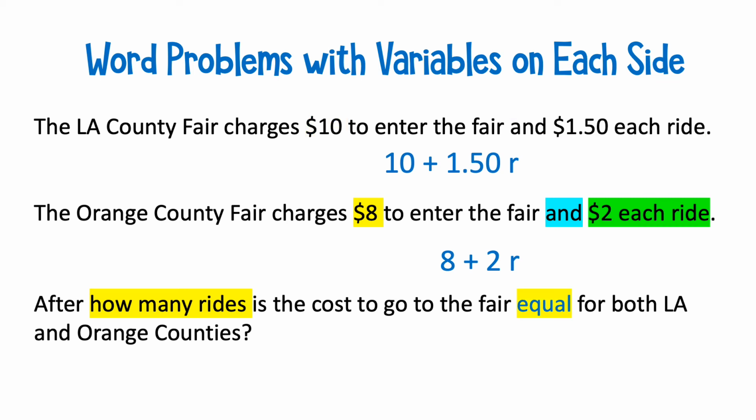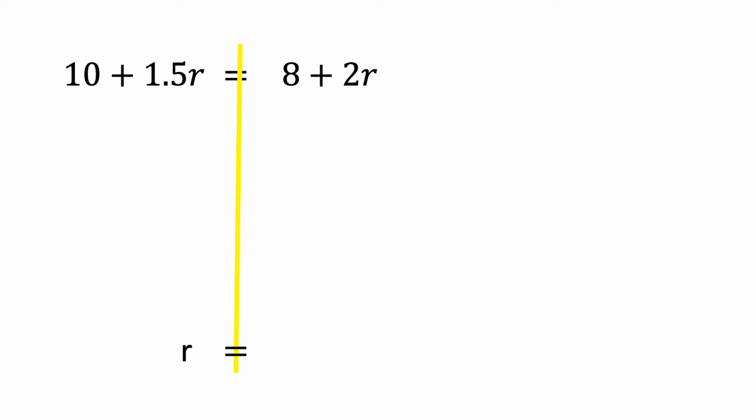It says how many rides will they go on to make the cost to each fair equal. In that case, we're going to set these two expressions equal to each other: 10 plus $1.50 r equals 8 plus 2r. So when we solve for r, we'll find out how many rides will make these two amounts equal.